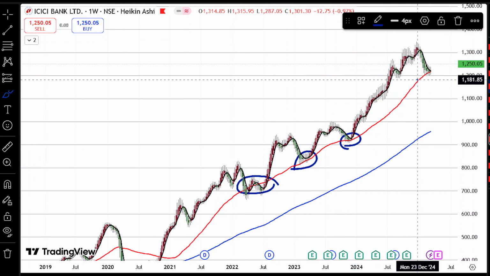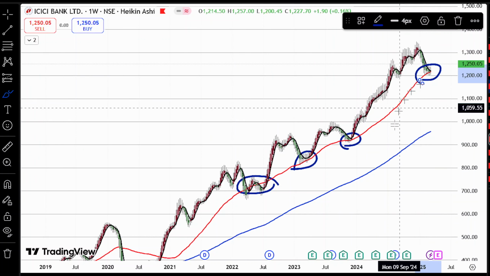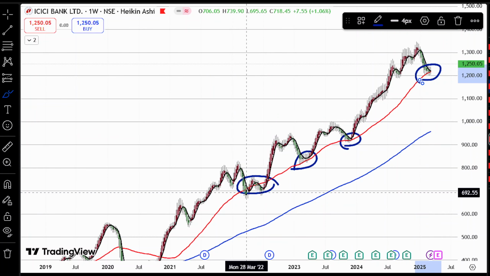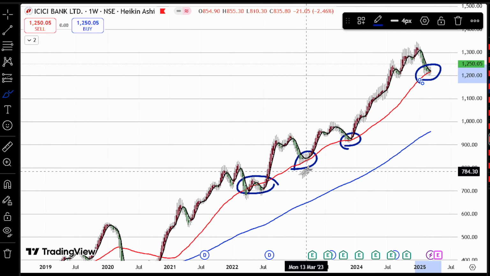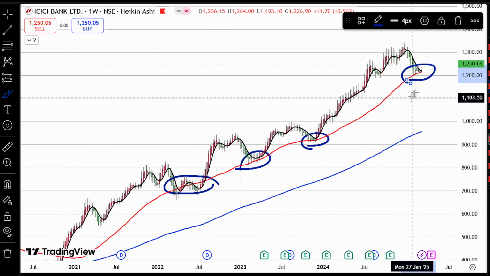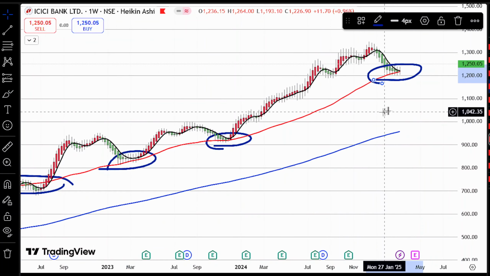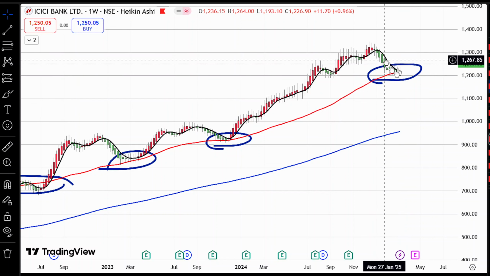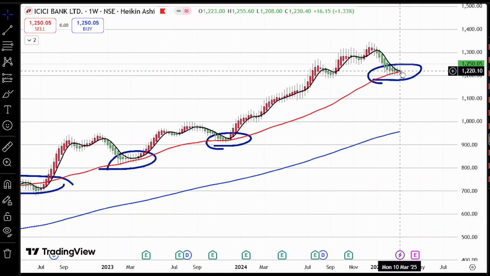So do you think that at the current area, from 2022 onwards, it has been respecting this line? Right now it has come back down here, momentum is slowing, will it go back up?